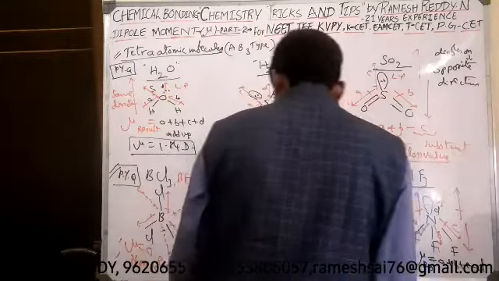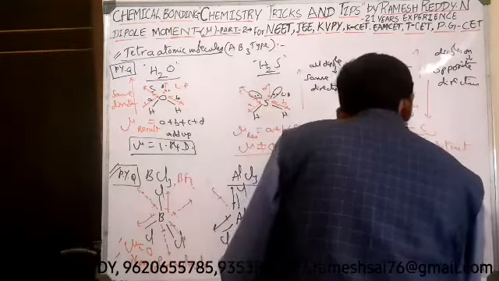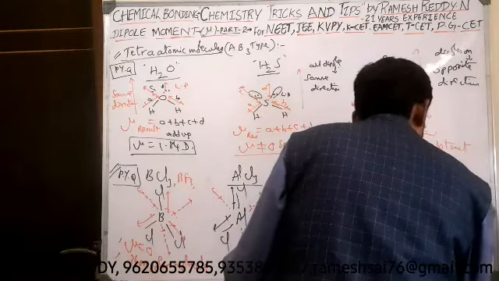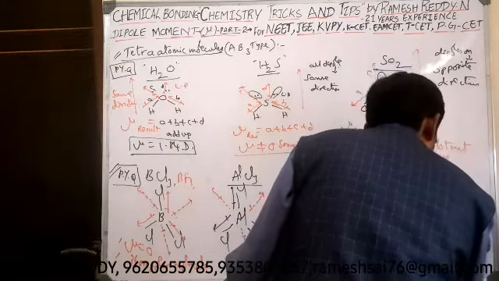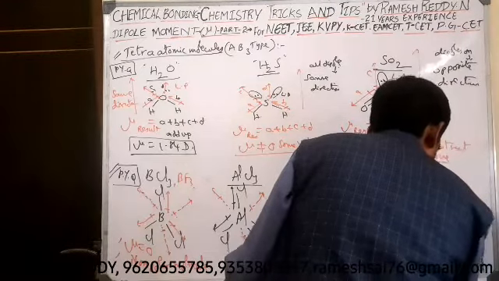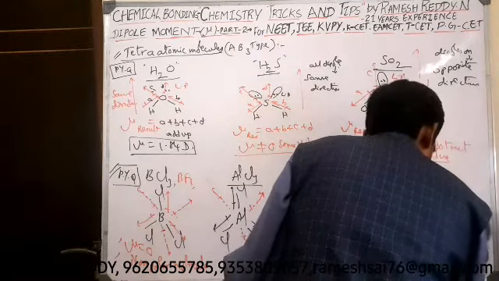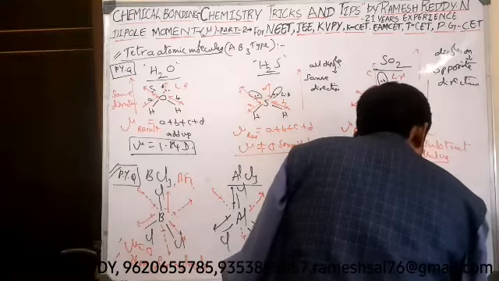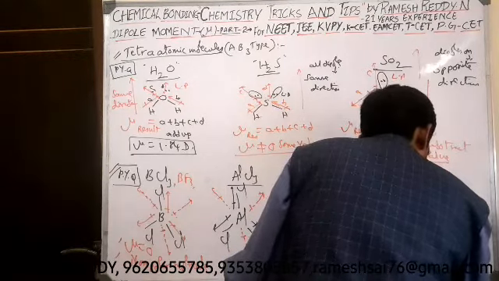Then automatically you will get the value. It is lesser. You will get 0.2 debye. The resultant dipole moment of NF3 is 0.2 debye.